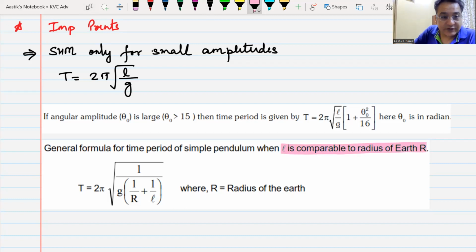Which you will not remember, I know, but still, it is my job to keep on telling you that you must remember certain things. You might not remember, that's a different issue altogether. Okay, note it down.